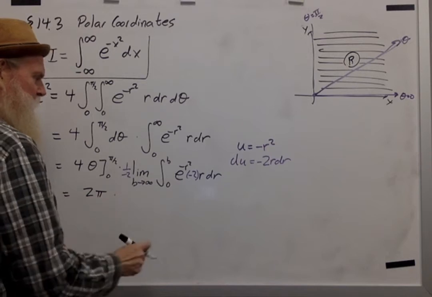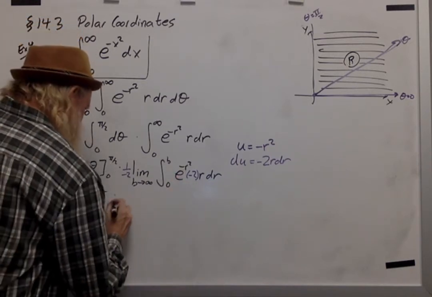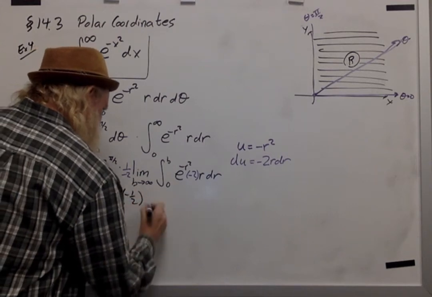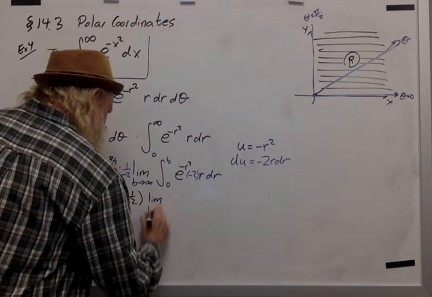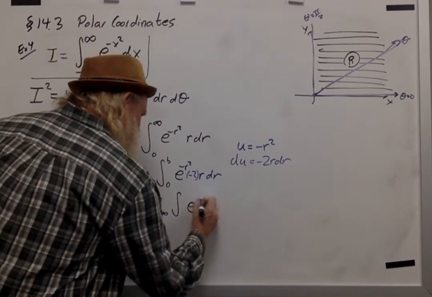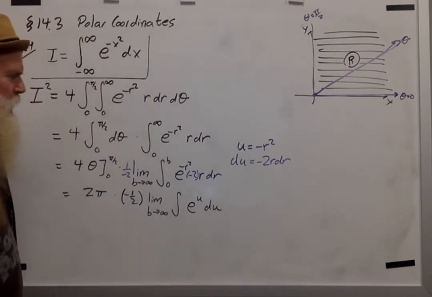And then the integrand is going to become e to the u du. So here I have a negative 1/2, limit as b goes to infinity, integral of e to the u du. I'm not going to switch bounds. I'll switch back to r's in a moment.